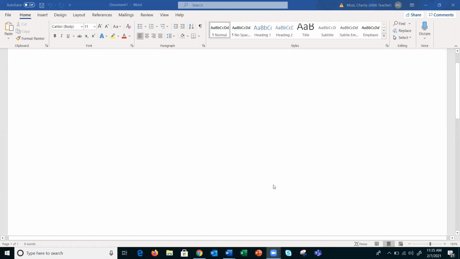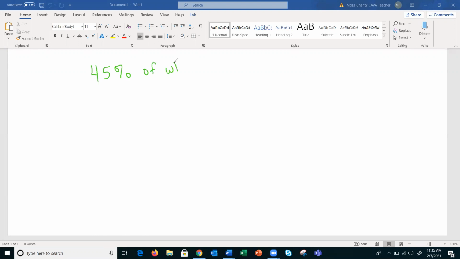All right, let's move on to our next example. It's another word problem, and you can set it up as an equation or as a proportion. So let's say 45% of what number is 160?